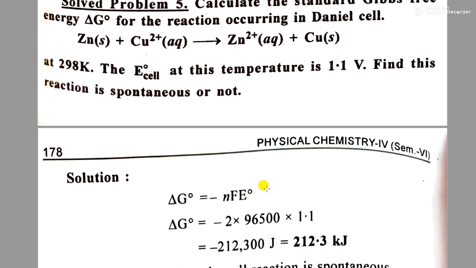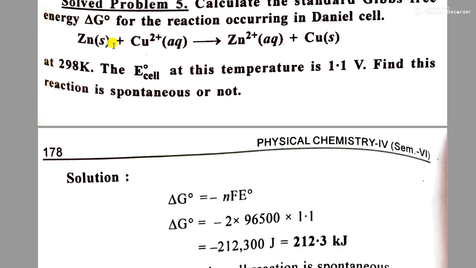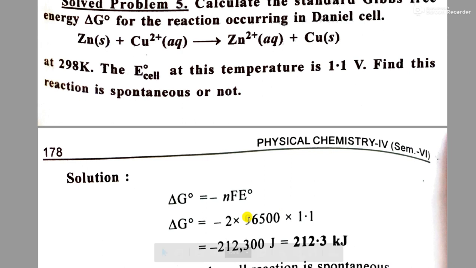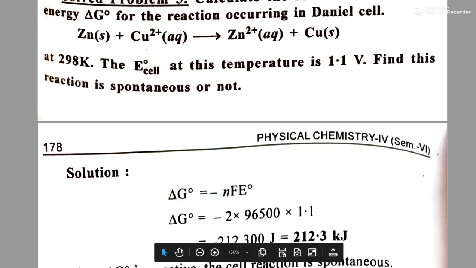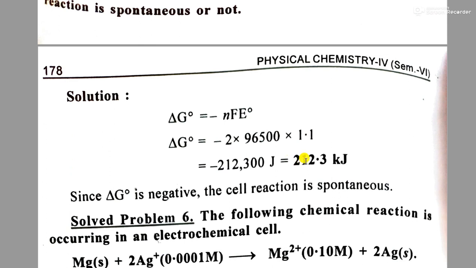So here n is the number of electrons involved in this redox reaction, that is 2, and F is the Faraday, 96,500, and E0 of the cell is also given as 1.1 volt, and we get the answer of delta G0 as minus 212.3 kilojoules. So here we see that this delta G term is negative. So it means that the cell reaction is spontaneous.